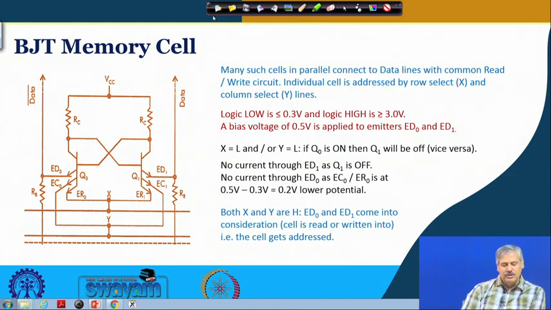Fine. So when both x and y are high, that means this memory cell is now accessed. When these are high, this particular line will now be operative. The current will now be flowing, because during the read operation it is 0.5 volt or so. The write operation we shall see later, what is happening at that time. So the current will be directed in this direction.